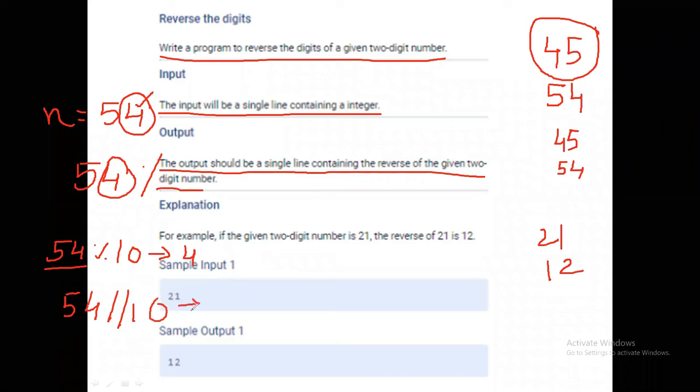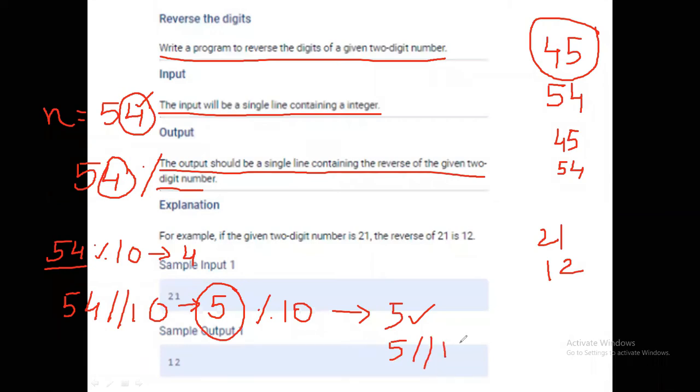Now we get 5 as an answer. Again I take this number and perform percentage 10, and I got 5. At that time I print the 5 on the monitor. After that, again I divide this 5 by 10. I got 0 as the answer.